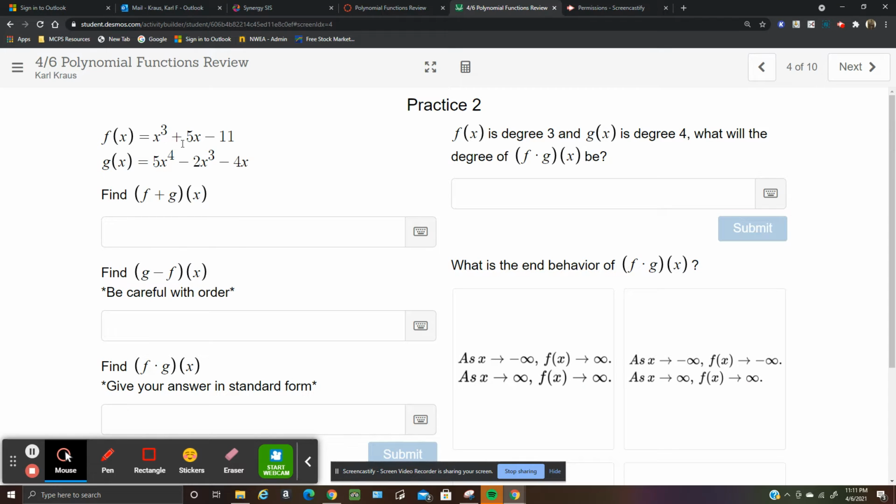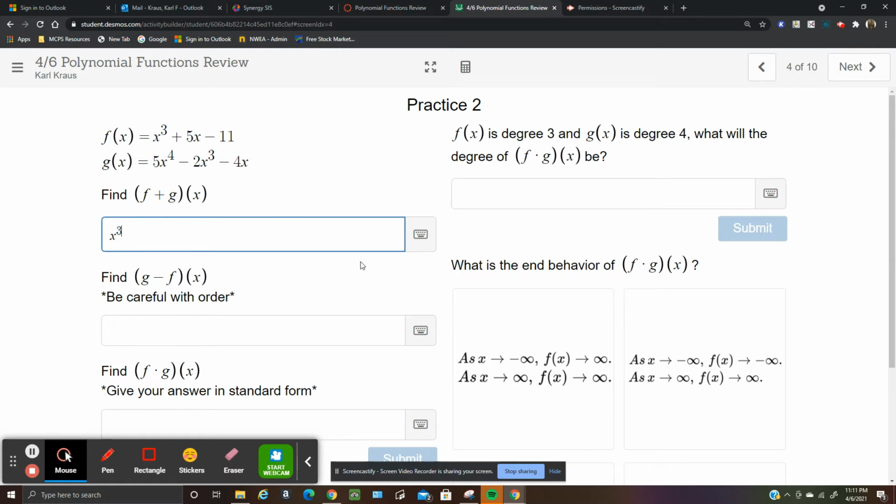Slide 4, f of x plus g of x. We have x cubed plus 5x minus 11 plus 5x to the fourth minus 2x cubed, and then minus 4x, and then just combine the like terms together, 5x to the fourth, and then x cubed minus 2x cubed is minus x cubed, and then there's no x squared terms.